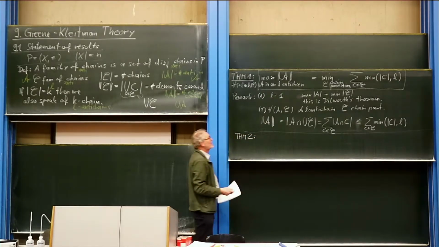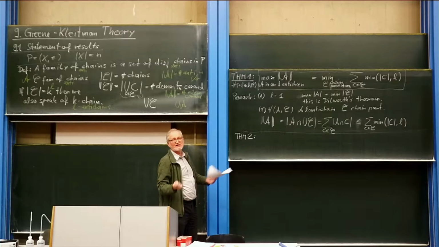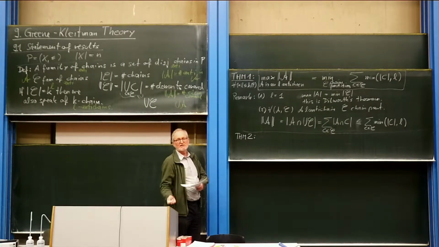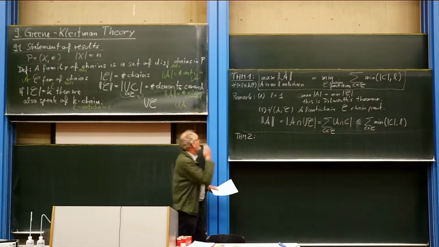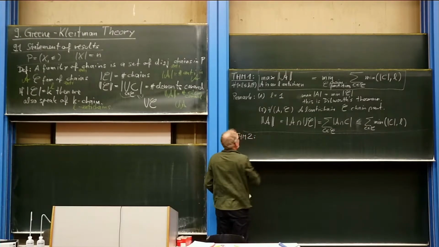And theorem 2 is just the dual of theorem 1. You exchange antichains and chains, L and K, and height and width.